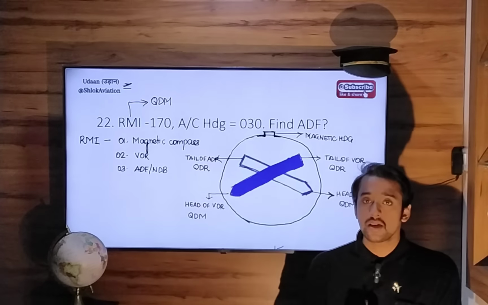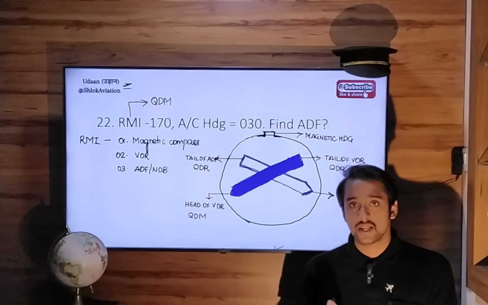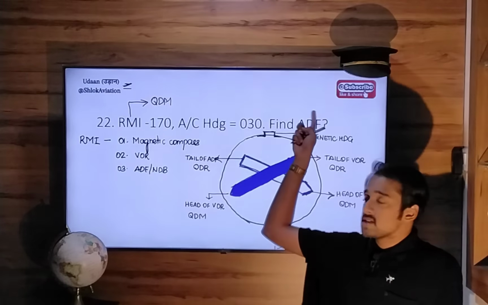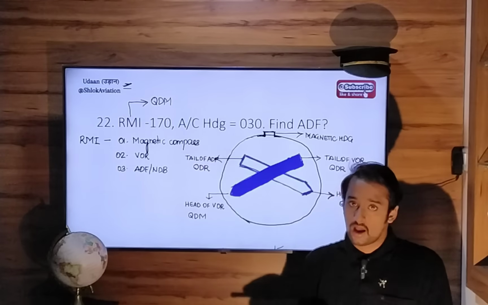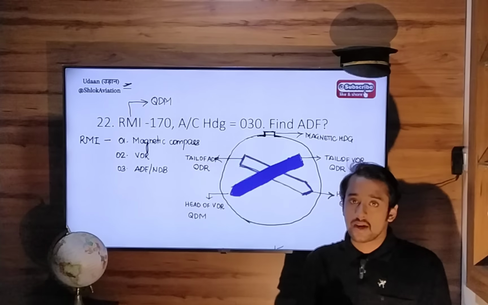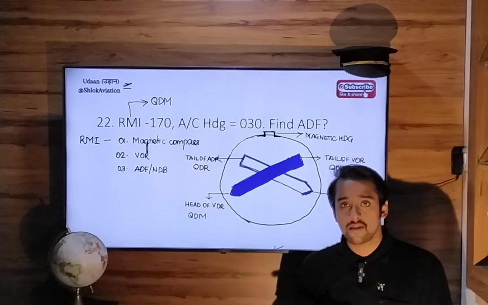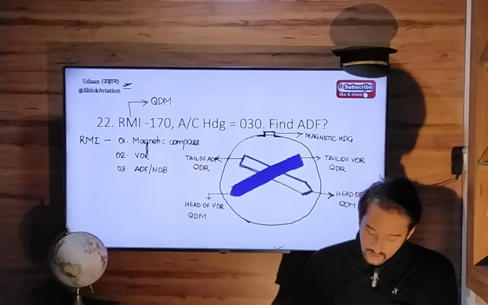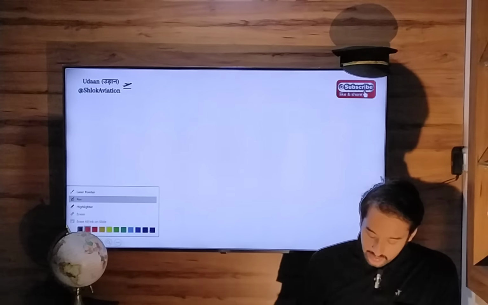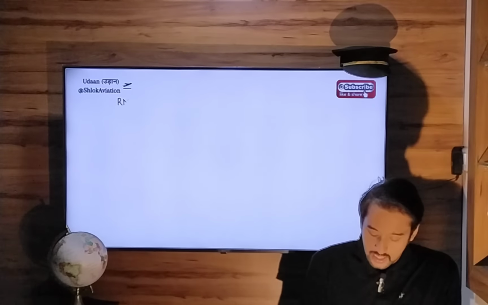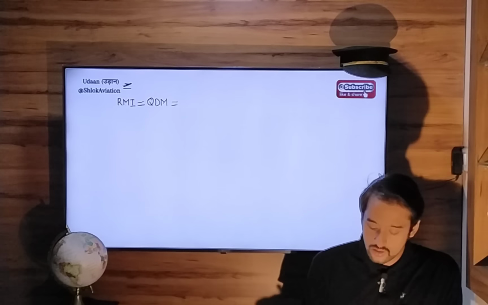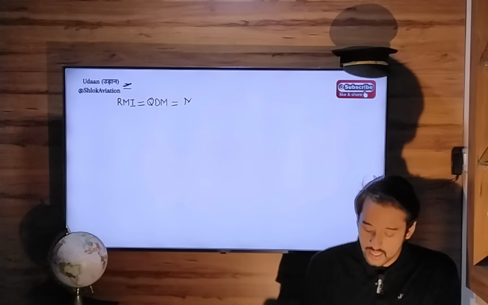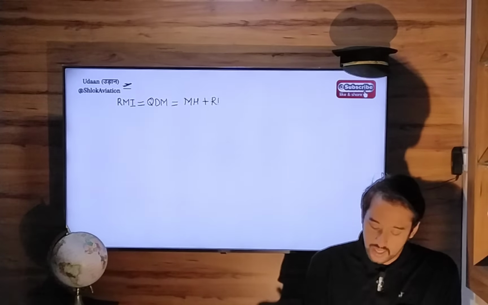Okay. Next thing, in exam, whenever an RMI question is there, the word ADF is used. So RMI ADF. The RMI always deals with QDMs. ADF will be your relative bearing. So let's use this formula. RMI, nothing but your QDM, is equal to magnetic heading plus relative bearing.